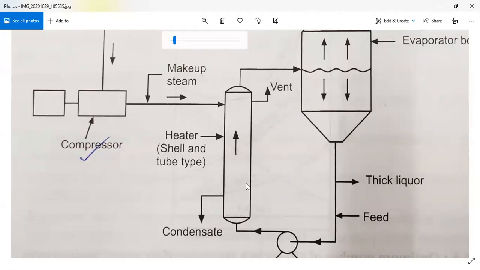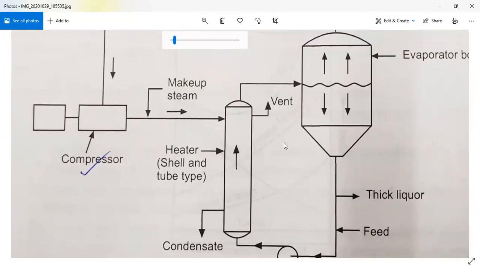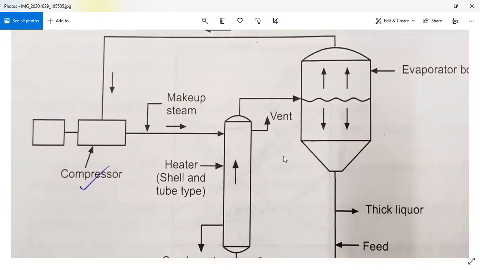In this diagram, you can also observe we are using a compressor. This is the main element through which we can increase the pressure and the temperature difference. We are using only a single effect. In the other method, we were using a 2 effect or 3 effect assembly, but in this assembly, we are using only a single effect evaporator.